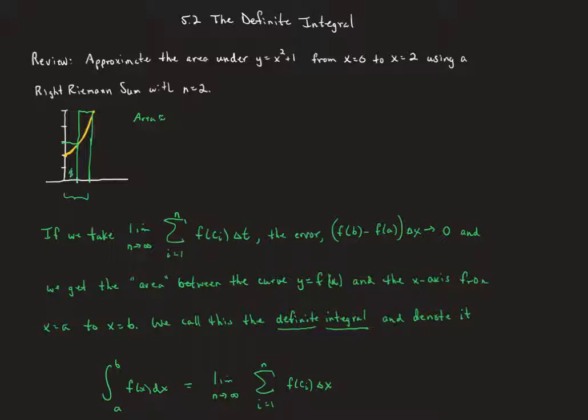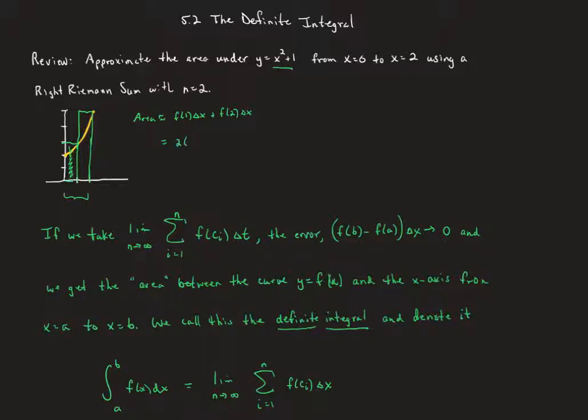we're going to take the first rectangle here, so its height is going to be our function evaluated at 1 times our delta x, and then the function evaluated at 2 times delta x. When we plug 1 into our function, we get 1 squared plus 1, which is 2.